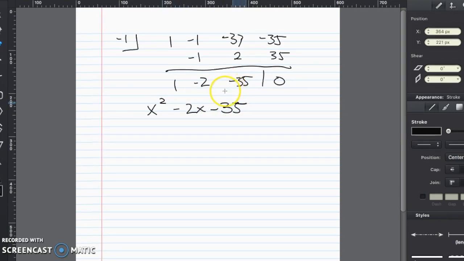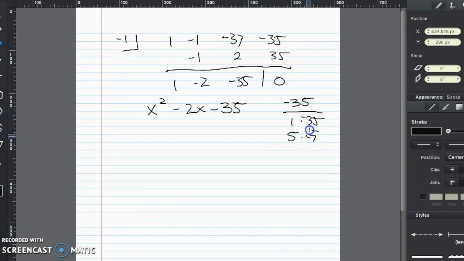At this point, I can check some of my other possible x-intercepts from the theorem, or we have other tools for this. So let's check to see if it's factorable. Can I multiply to anything and get a -35 and add to get a -2? Let's see. 1 and 35, of course. That doesn't look like it's right. I want a negative, so these are probably going to be negatives on the bigger side. 2 doesn't work, 3 doesn't work, 4, and then I have to go all the way down to 5 and 7.